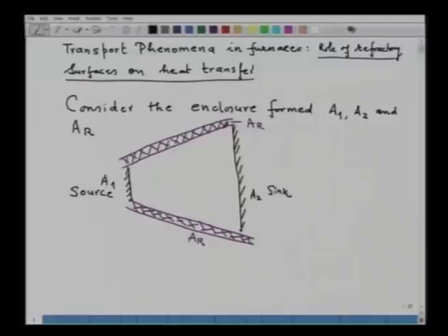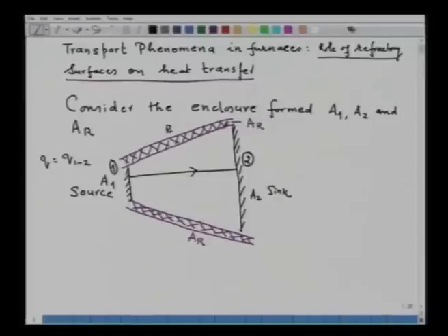Now, what will happen? As A1 will radiate its heat, the total amount of heat is Q. If I call this surface 1, this surface 2, and refractory I denote by R, then Q will be equal to Q12, that is, a direct heat exchange will occur.